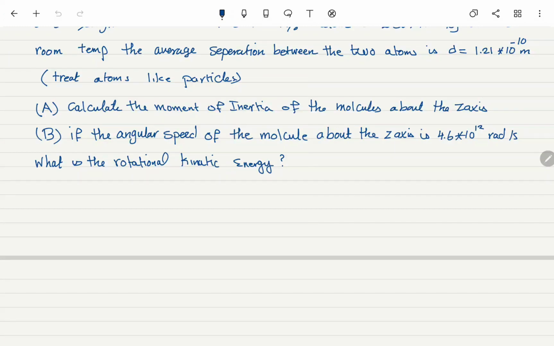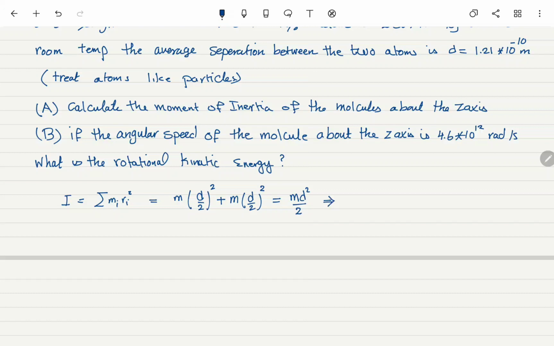Now, to calculate the moment of inertia of the molecule about the z-axis, remember I is equal to the summation of m_i r_i squared. In this case, each atom is located a distance d over 2 from the center, so it is m (d over 2) squared plus m (d over 2) squared, which equals m d squared over 2.